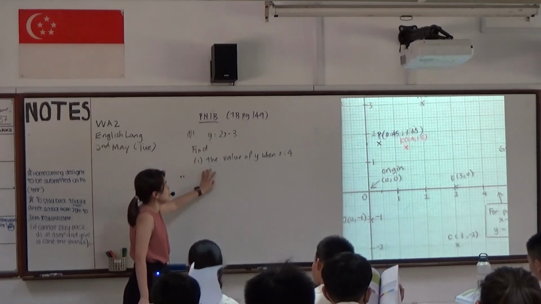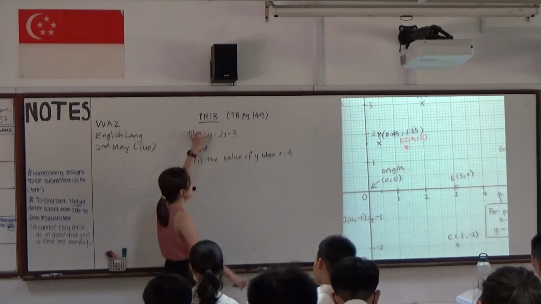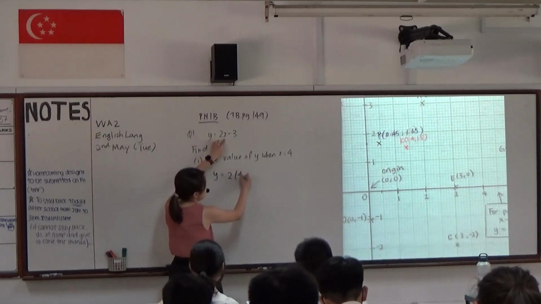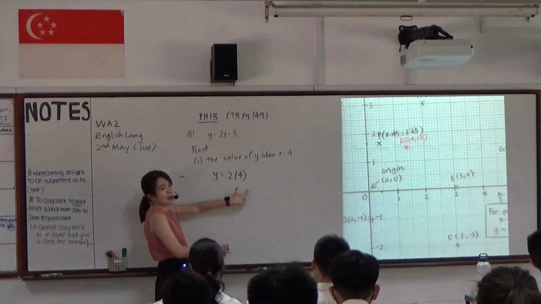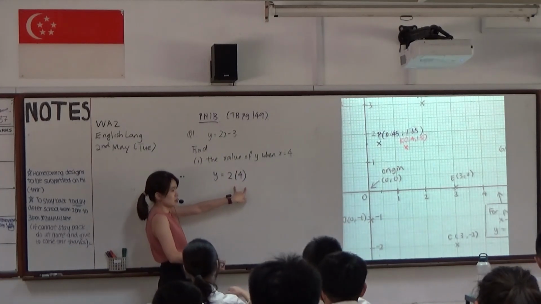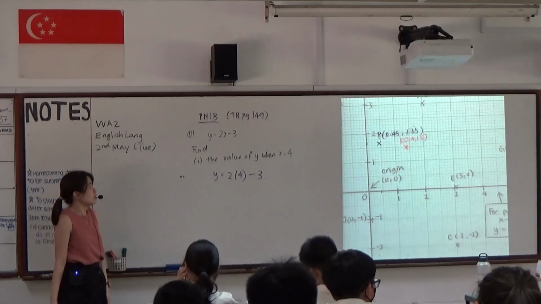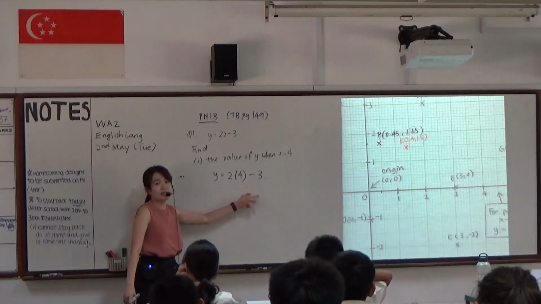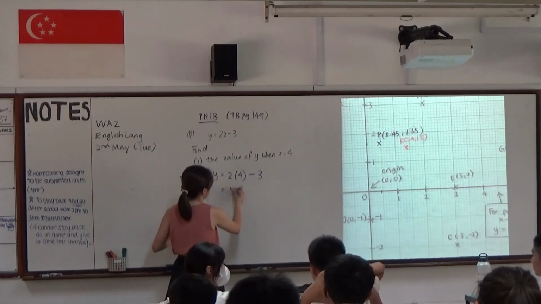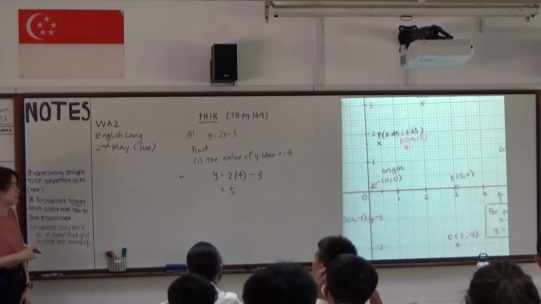So x is given to be 4 and I want to find the value of y. Inside this equation, for the x, I change it into 4. So I multiply, put brackets around it. Tina, put brackets around it. Then after that, minus 3. Then 2 times 4 minus 3, you can press your calculator for it. So 8 minus 3, that is 5. That's how we find the value of y.